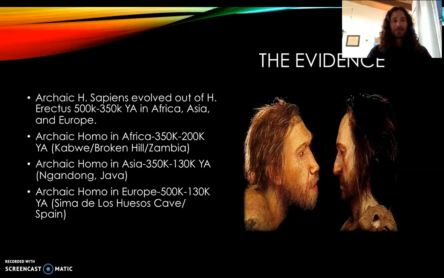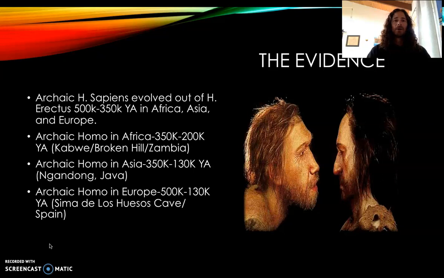Now, in terms of the evidence, I already mentioned that archaic Homo sapiens evolved out of Homo erectus at 500,000 years ago in Africa. For the archaic Homo in Africa at 350,000 to 250,000, we actually have sites there, and these sites have really given us some evidence about archaic Homo sapiens and where they're found.